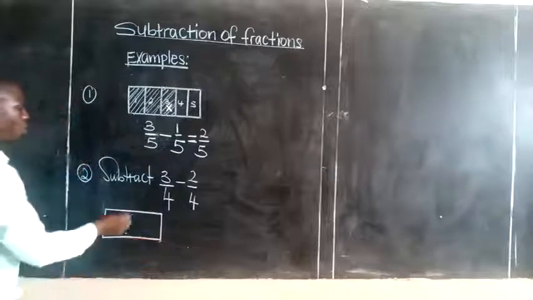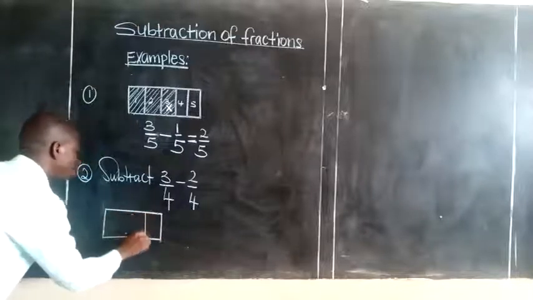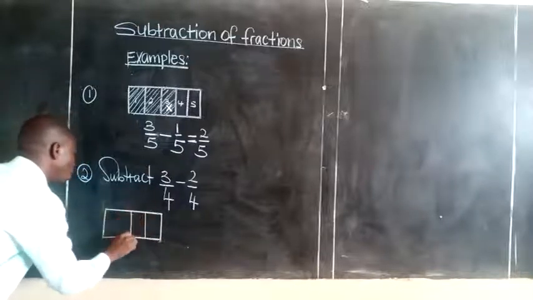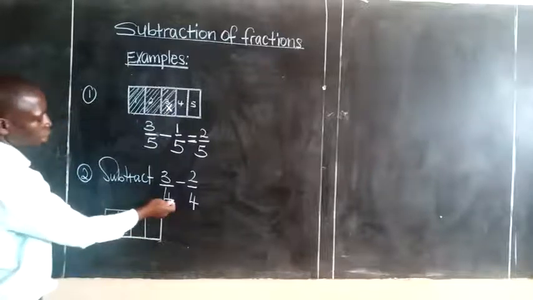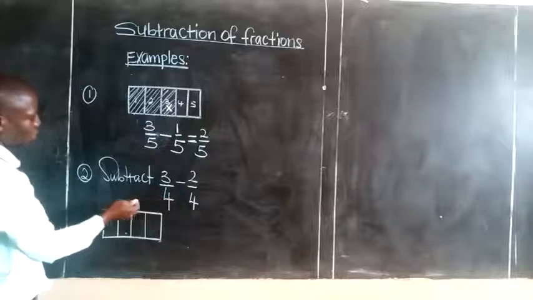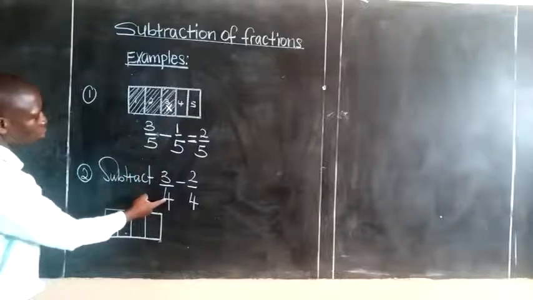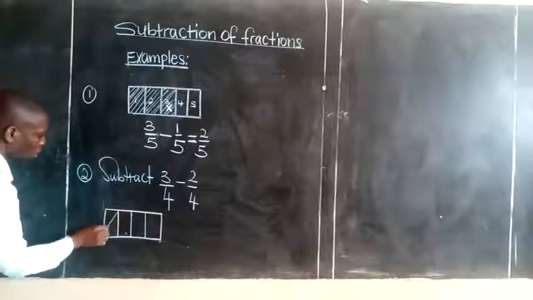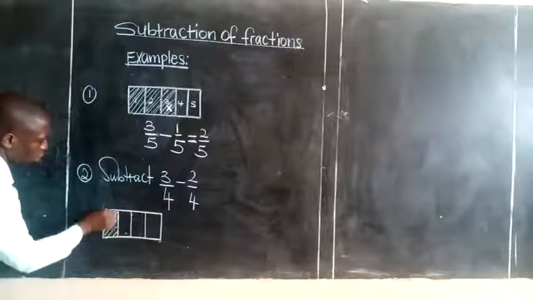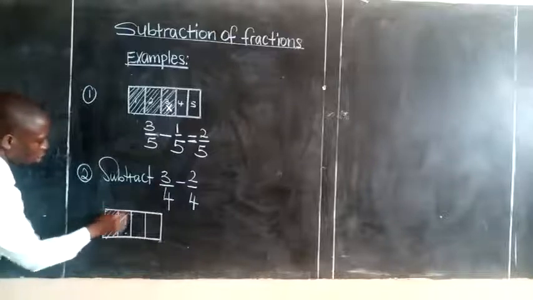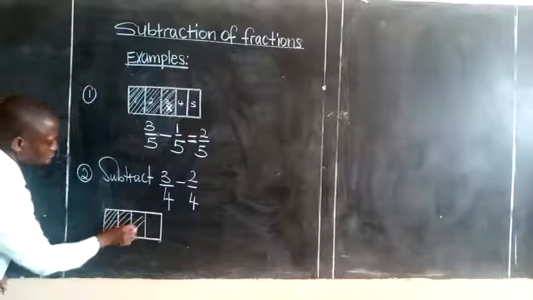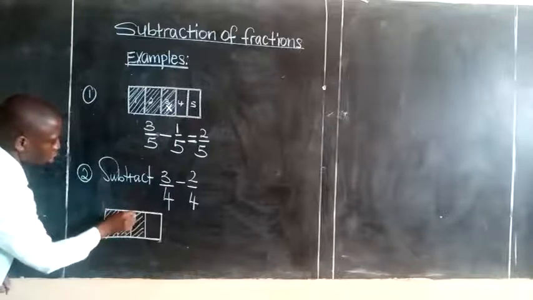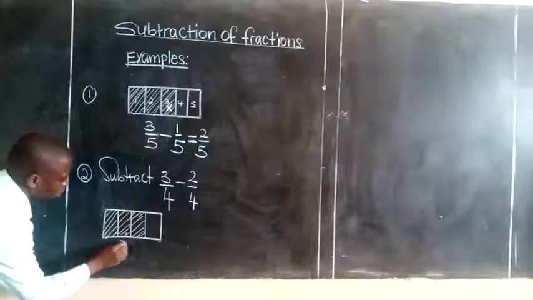This time we divide into 4 parts, because we are following the denominator. They are telling you 3 out of the 4 parts. So these are 3 parts out of 4.